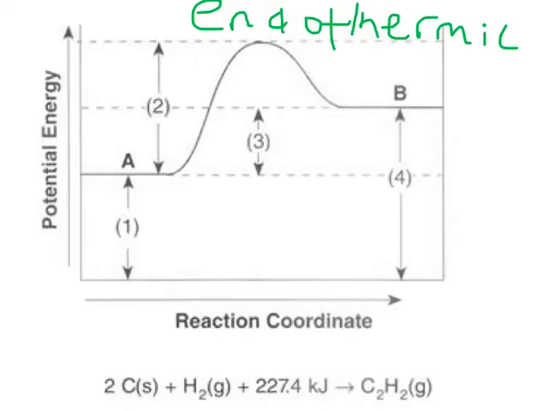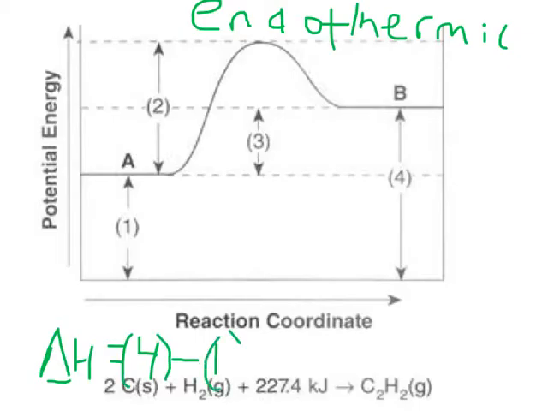Yeah, that's right. It's delta H. This is the delta H because it's the difference between 4 and 1. Now, watch. So delta H of this particular thing is going to equal 4 minus 1, not really 4 minus 1 equal 3, but this 4 minus this 1, which is going to give us a positive 3.